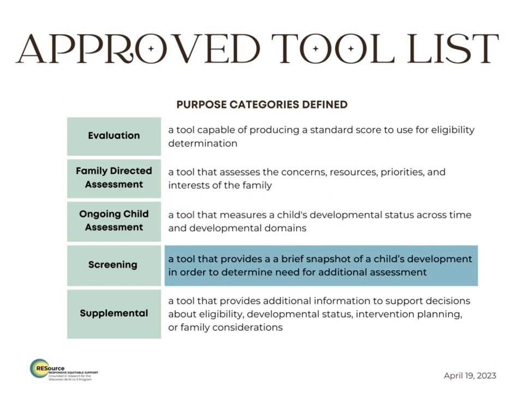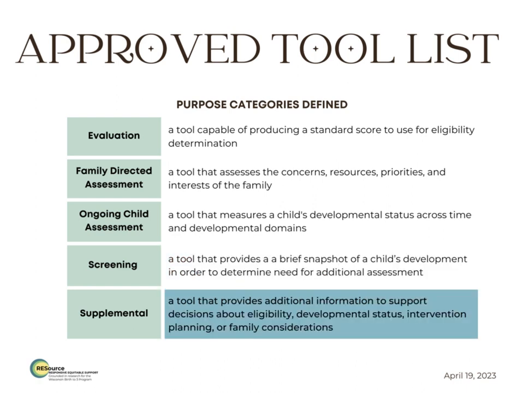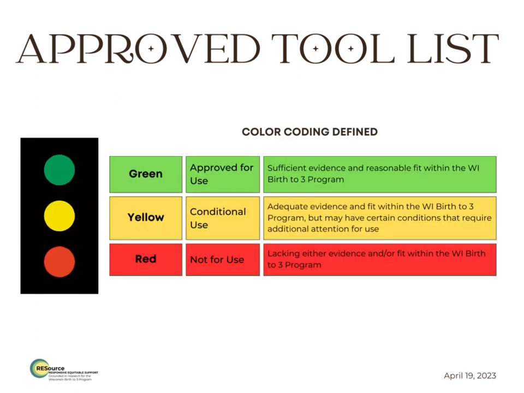Screening tools are those that provide a brief snapshot of a child's development in order to determine need for additional assessment. And then lastly, the supplemental category are for those tools that provide additional information to support decisions about eligibility, developmental status, intervention planning, or family considerations.